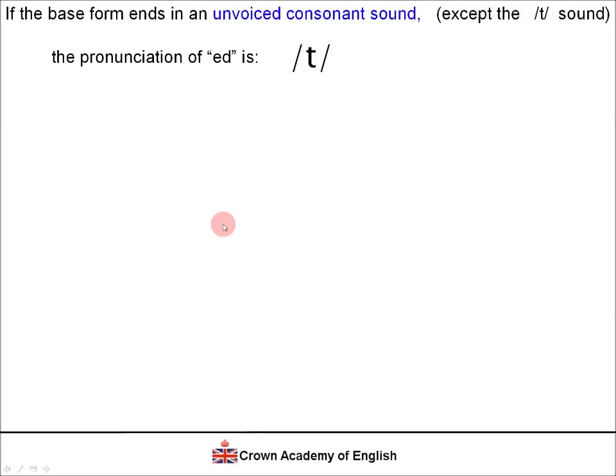Okay, so now let's look at the T sound. If the base form ends in an unvoiced consonant sound, except the T sound, then the pronunciation of Ed is T. Example, an unvoiced consonant sound.